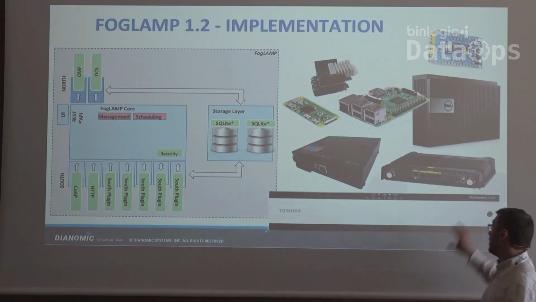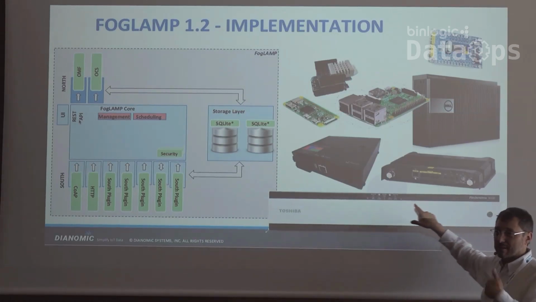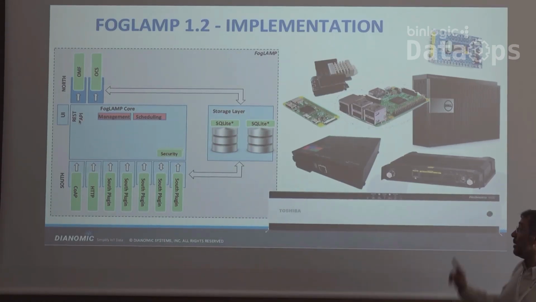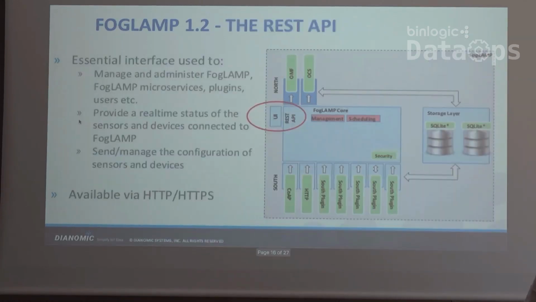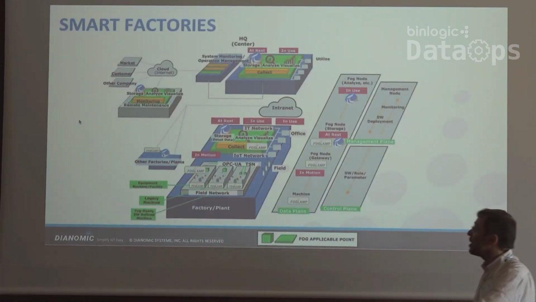And in here we have just a simple, tiny Docker container that runs FogLAMP, and it works to provide the data to the algorithms that are running here with Spark, and then send the data again up north. I already mentioned the REST API, which is basically used for the user interface.